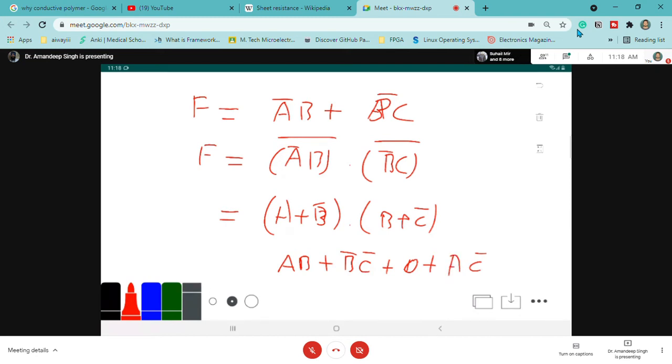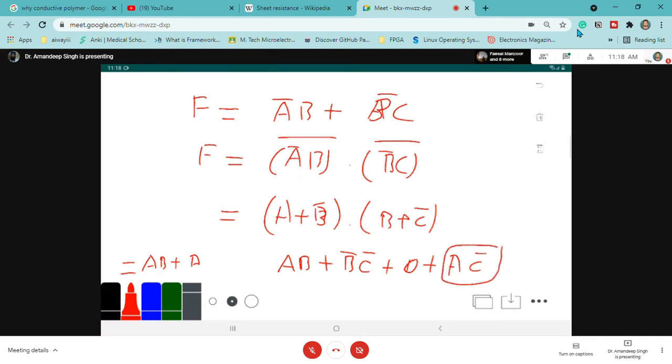This is equal to AB plus B bar C bar. AC bar is not necessary here. You have done AB plus B bar C bar, you have omitted this one.